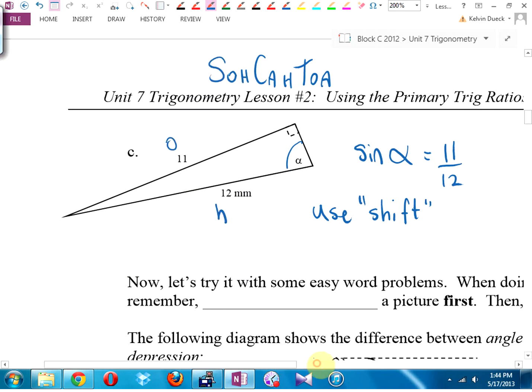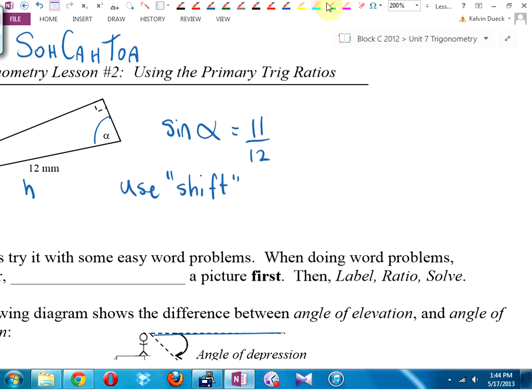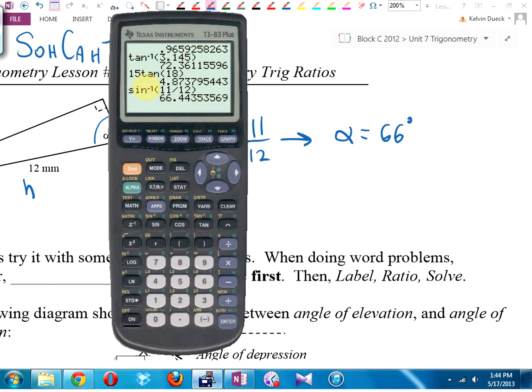How would I get you to show work? In all honesty, it's a little tricky. I would go like this, boom, and I would just say alpha equals. It's all calculator work. Okay. It's a bit of a fib. Do you notice on my calculator, and maybe on yours, a little -1 appears next to the sine?